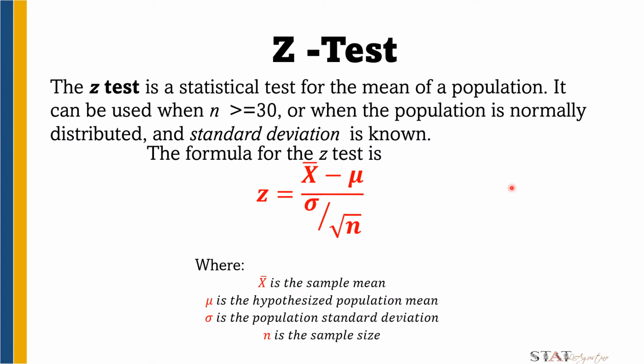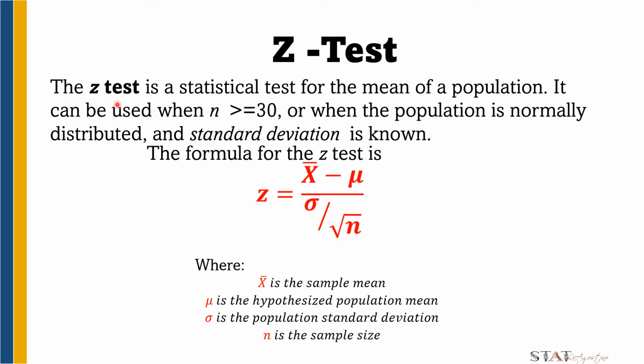One of the common tests of hypothesis on one population is the Z-test. This test is used to check whether the mean of a population is greater than, less than, or not equal to a specific value. You want to test if a specific value and the hypothesized value are just the same or really different.